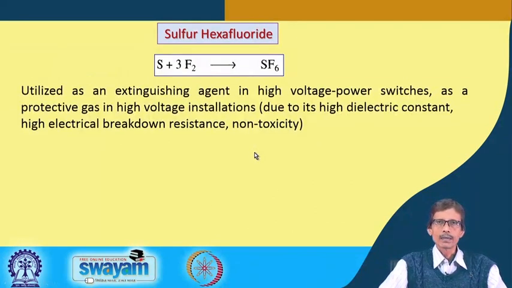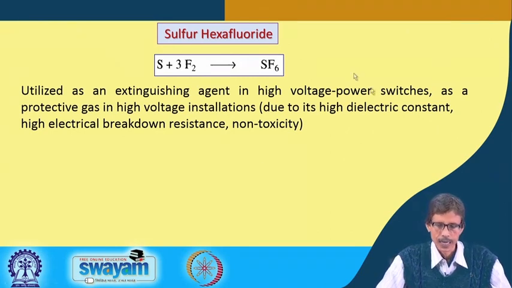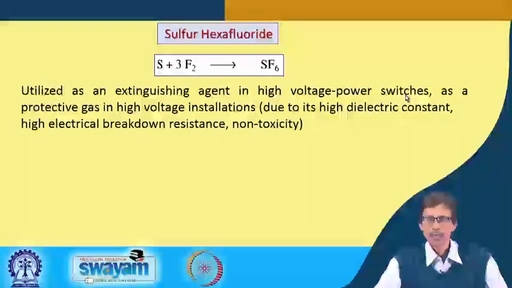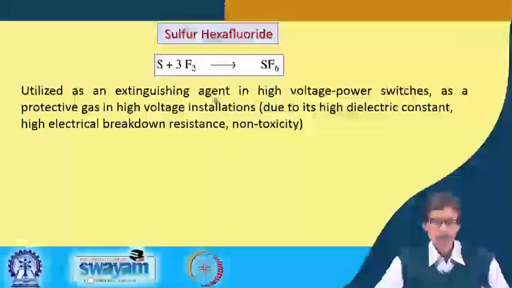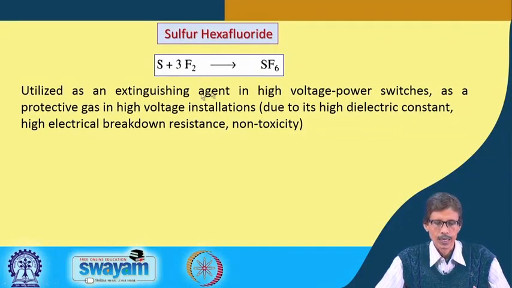And again, unlike a flame retardant material, it is an extinguishing agent, it can extinguish the flame. So, it is a flame extinguishing agent in high voltage power switches, in transformers and other cases, because sulfur hexafluoride is utilized as a gas in different high voltage power switches.